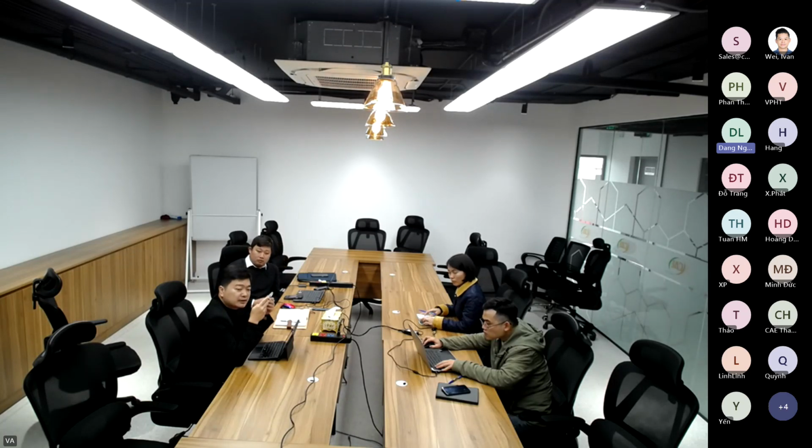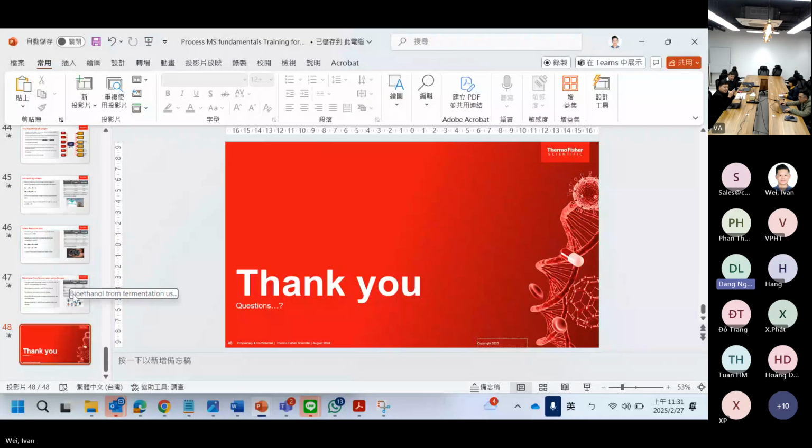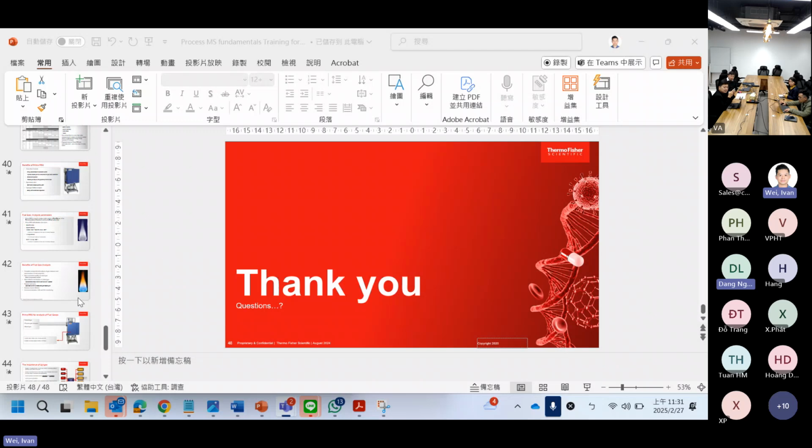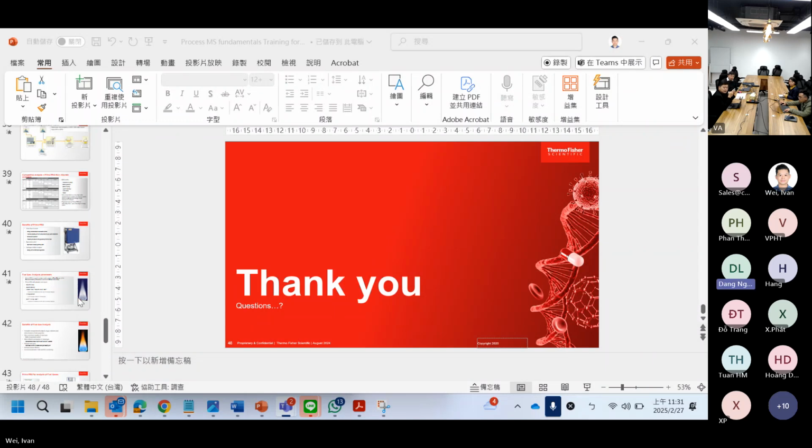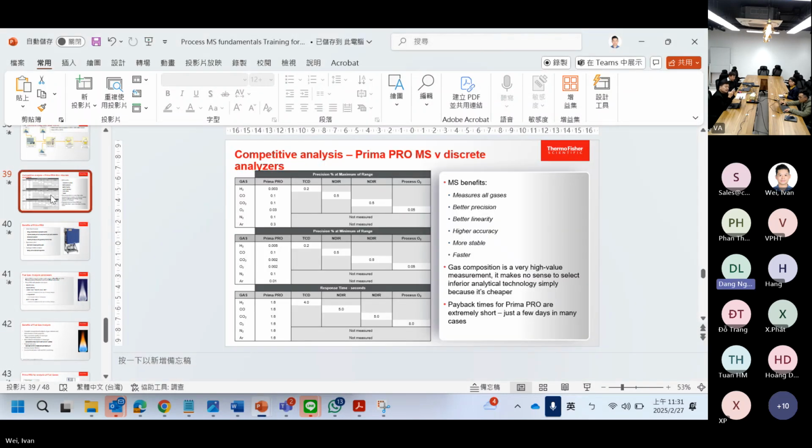You saw the advantage of the equipment is more precision, more accuracy. Yes. But do you have the specification of the equipment, the instrument? Go ahead, please.